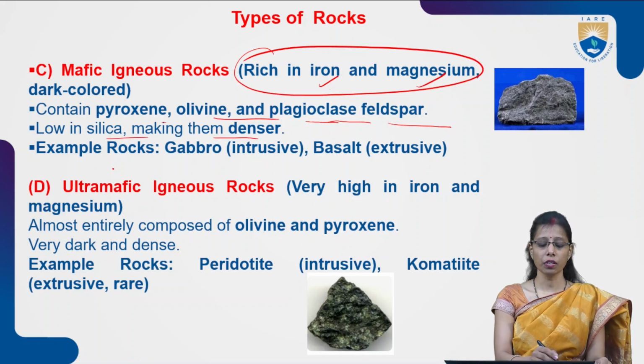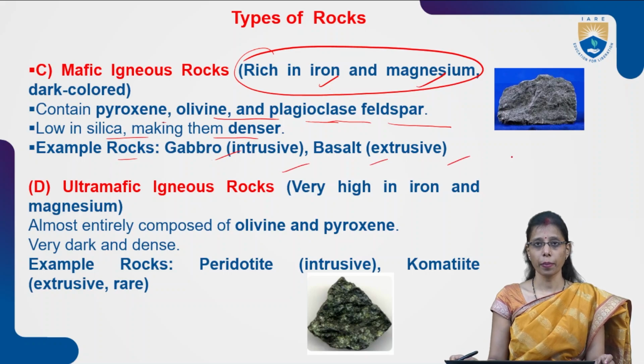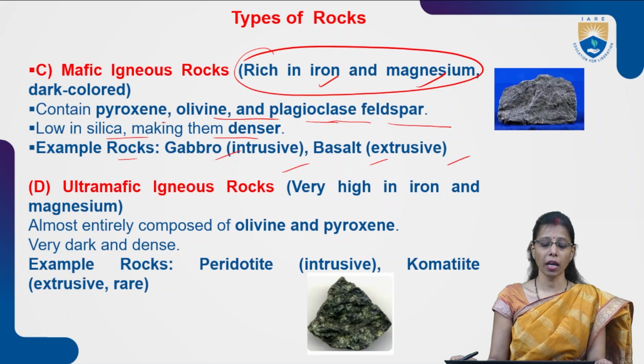Examples are gabbro, intrusive, and basalt, extrusive. Gabbro and basalt contain magnesium and iron in most of their mineral content.